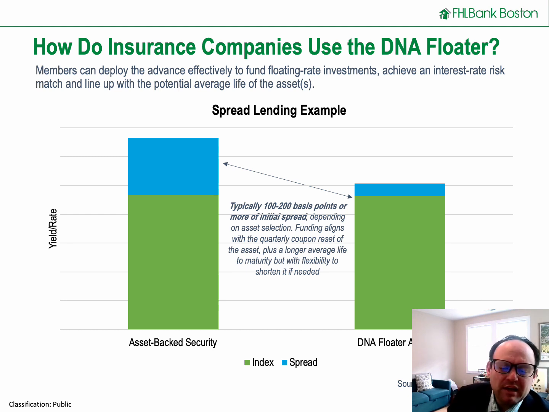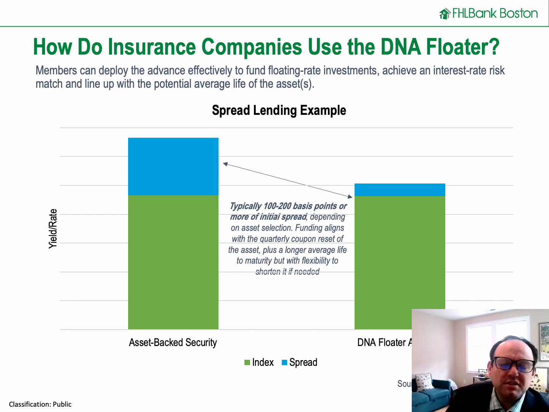So here we're looking at an example where you would use the DNA floater, and often the members will use the 13-week variety because that aligns with a 3-month index, whether it was historically 3-month LIBOR or, as the market transitions, 3-month SOFR. There's going to be a high correlation between the 13-week discount note and those 3-month indices.